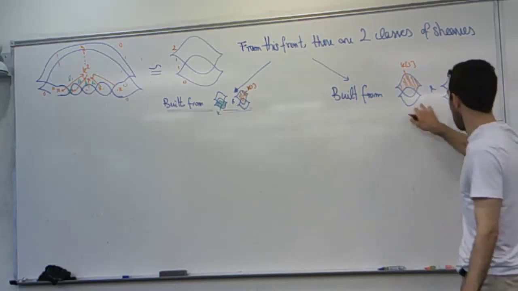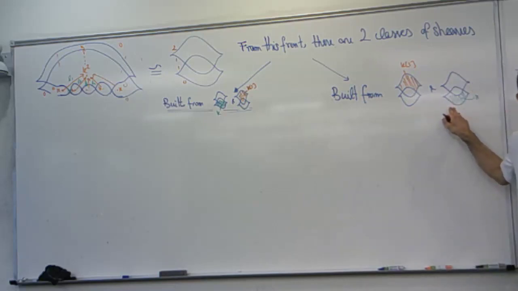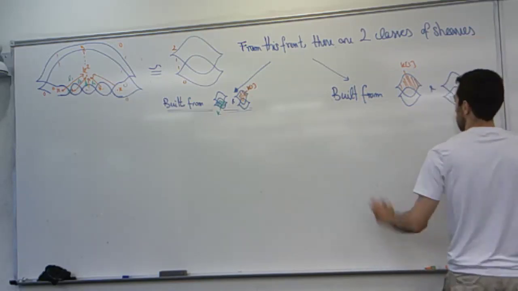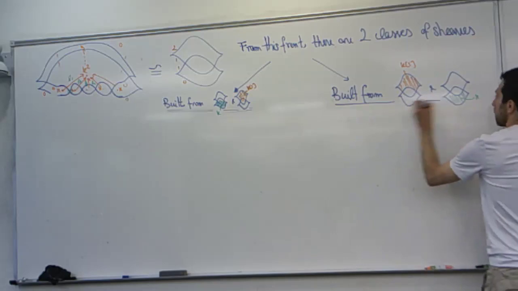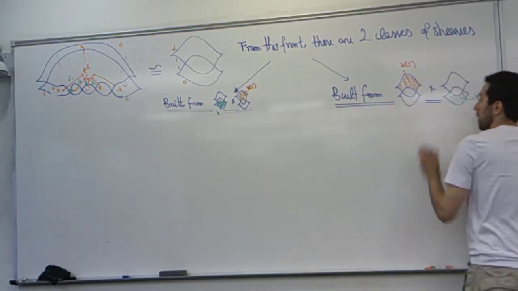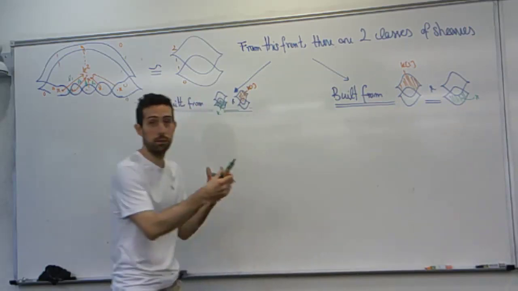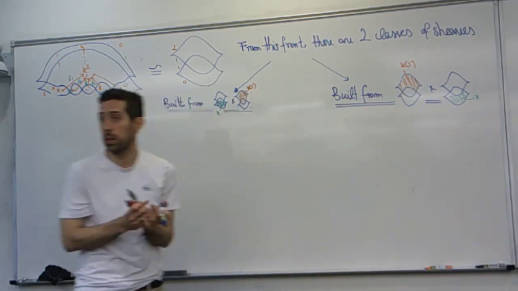So let me point out, neither of these two guys is in the category. Okay, but this is not to say you cannot use them to build objects in the category. All right. So how do you do that? Well, the answer is you essentially take extensions. So you look at short exact sequences that have these on the two ends and ask what can go in the middle.